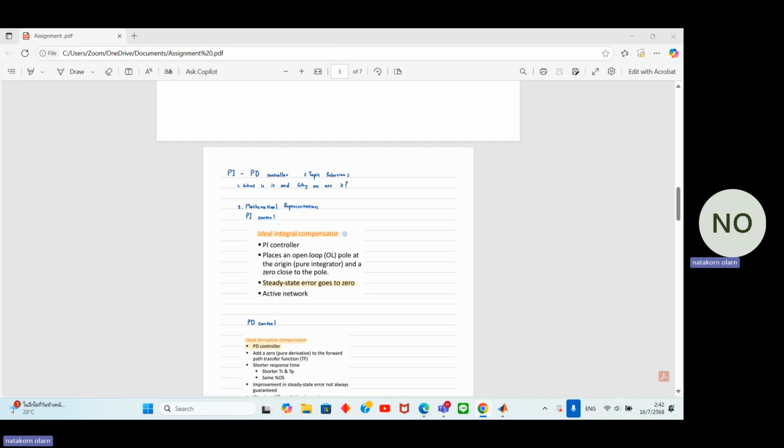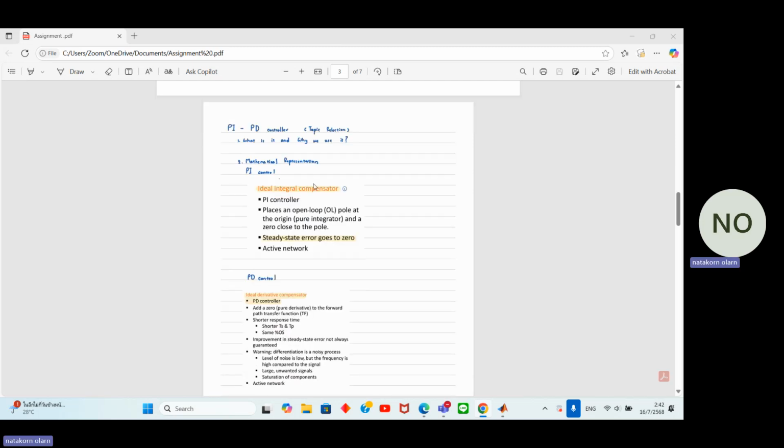So the last one is D, which means derivative control. It is a form of feed-forward control. The primary benefit of the controller is to resist change in the system.